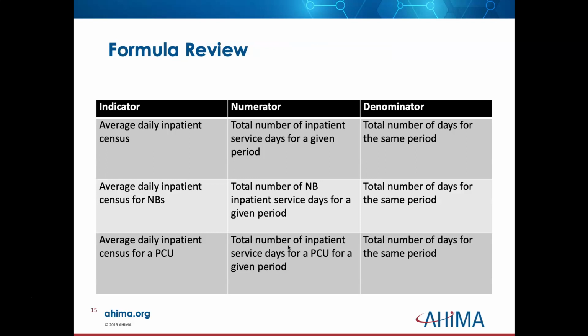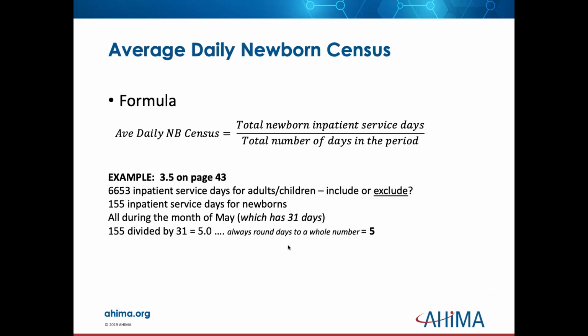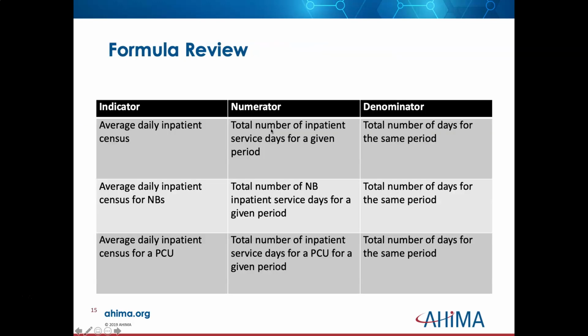This is just a formula review. It's the last slide in the deck, I believe, for this time around. It's trying to tell you what the indicator is and what's on the numerator and what's on the denominator. Personally, I prefer formulas like this. It helps me more than seeing a table like this. This confuses me.